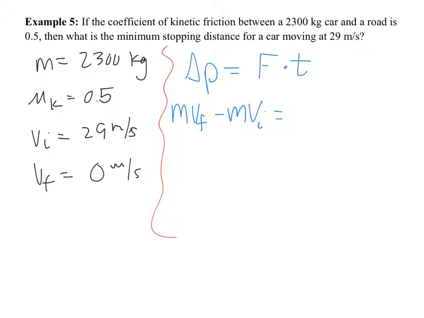What could I do? Yeah, very good. That's exactly right, Sam. It's mu k Fn. Well, where does that come from? This is really Ff. Remember, the force applied comes from somewhere. In this problem, we're told the coefficient of kinetic friction is given.